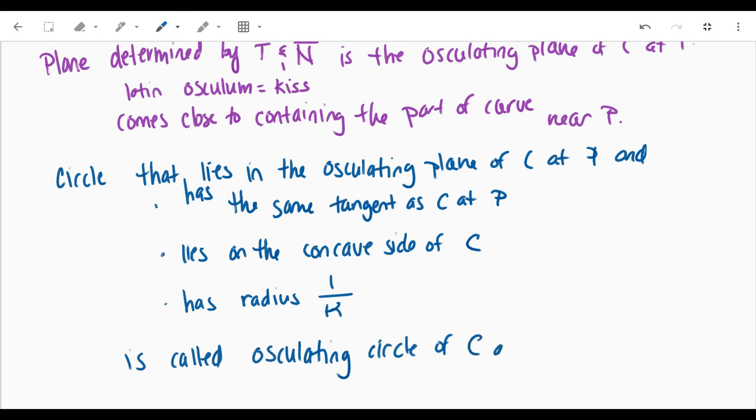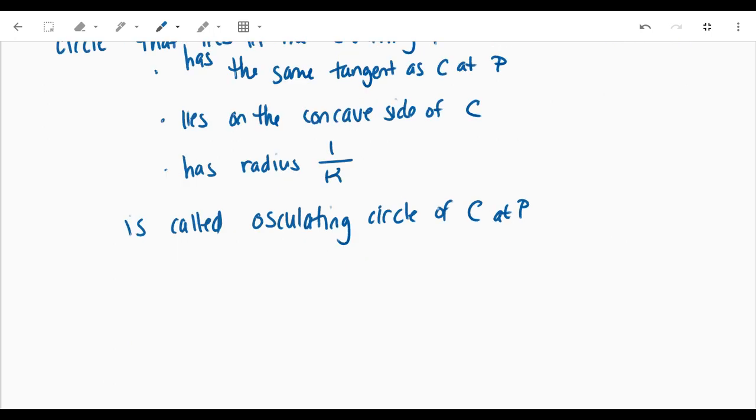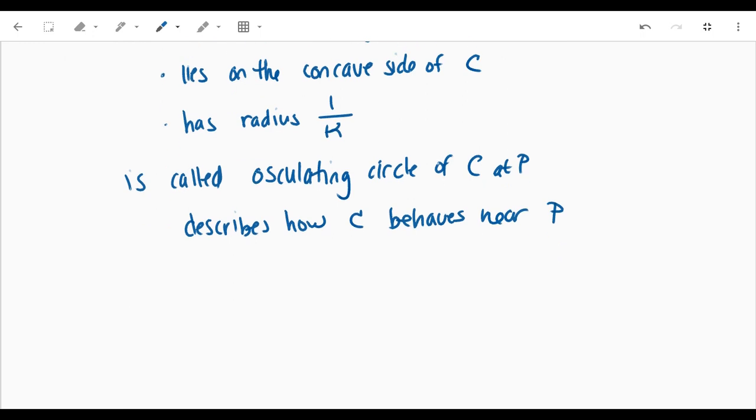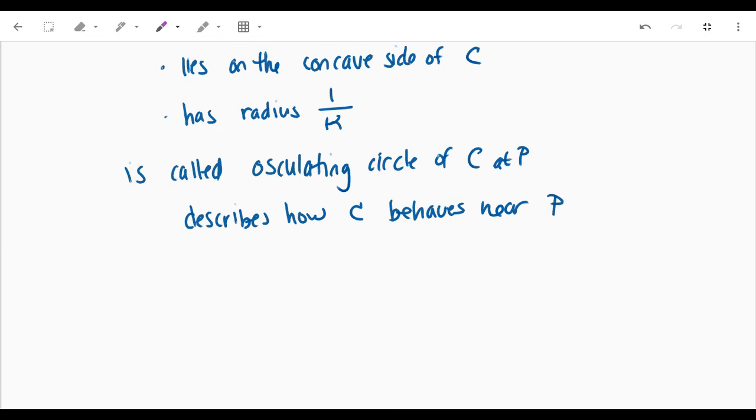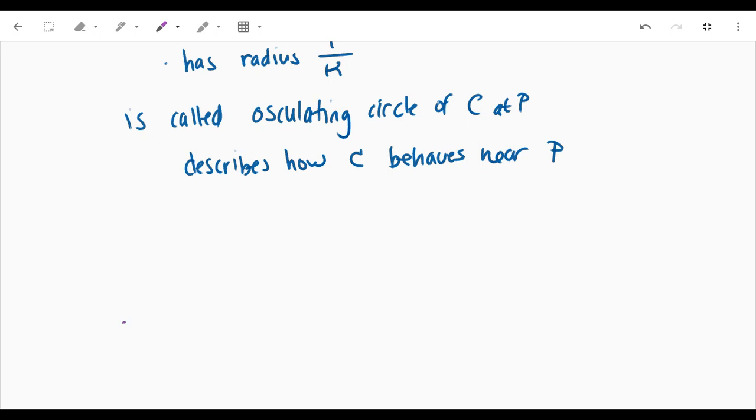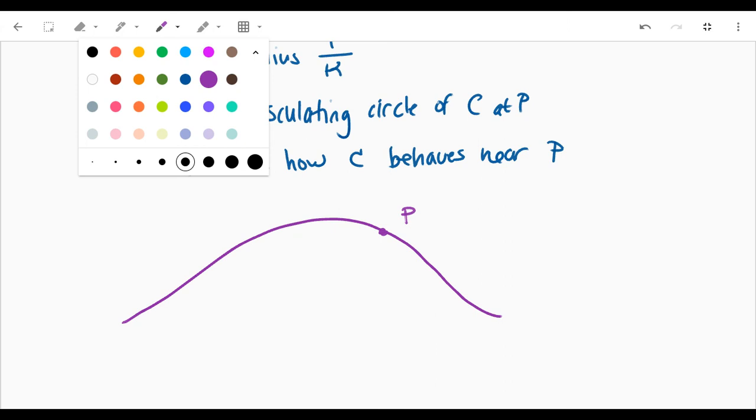of C at P. And that circle, like the osculating plane, describes how C behaves near P. So again, if we have a curve and we have a point P on the curve, if we meet these criteria, it has the same tangent.